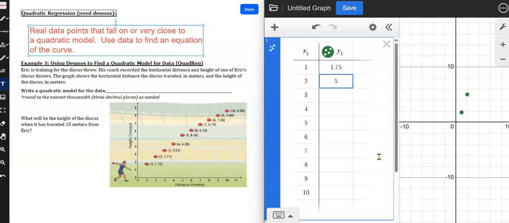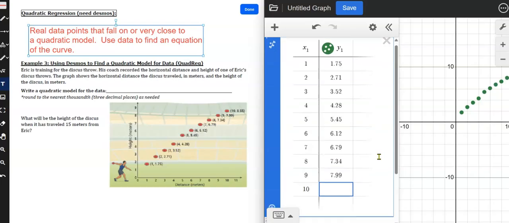1.75, 2.71, 3.52, 4.28, 5.45, 6.12, 6.79, 7.34, 7.99, and 8.55.